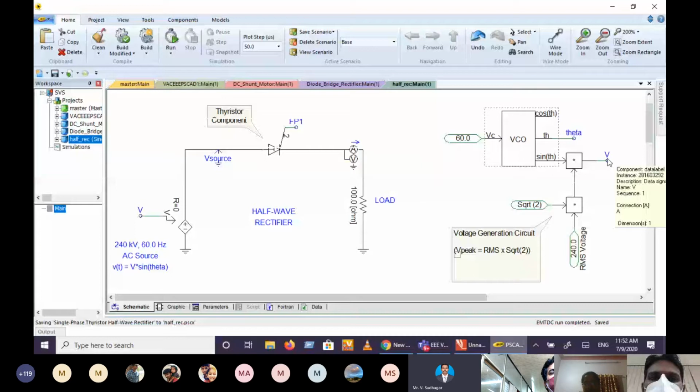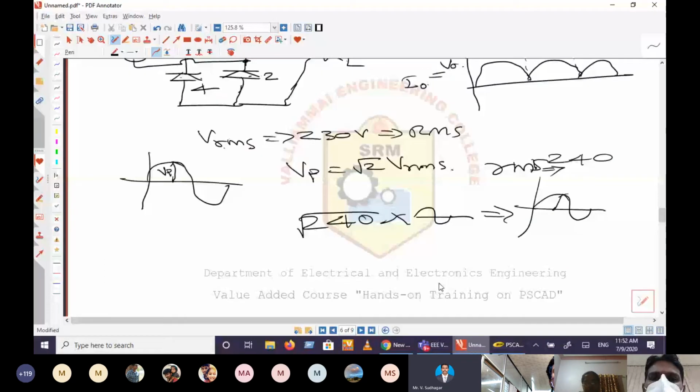Its peak value will be square root of 240. Sorry, this is not correct. Just a minute. Square root of 2 is there.